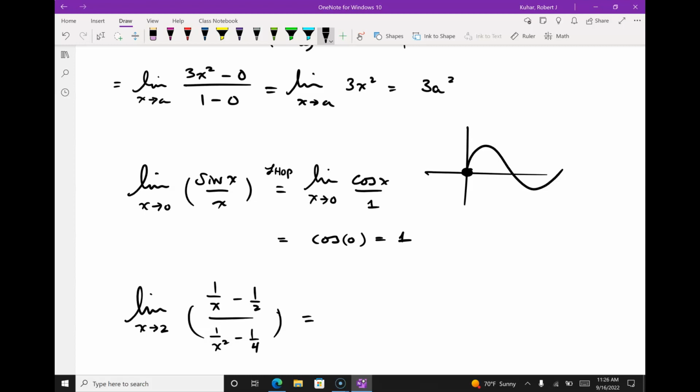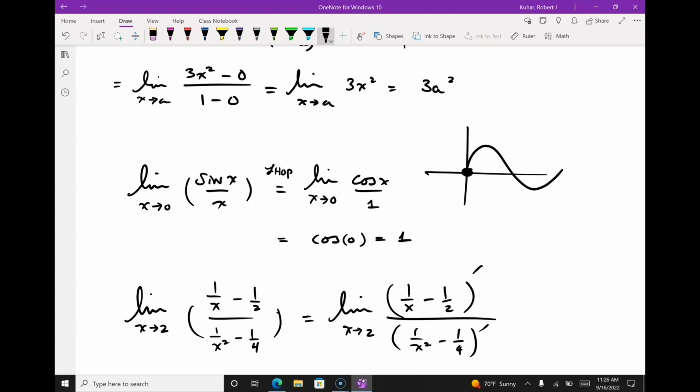But we know we get 0 over 0 here, so let's apply L'Hopital's rule and say 1 over x minus 1/2, quantity prime, and then 1 over x squared minus 1/4, quantity prime. I want the derivative of the numerator only. This is not a quotient rule, for those of you who know the quotient rule.